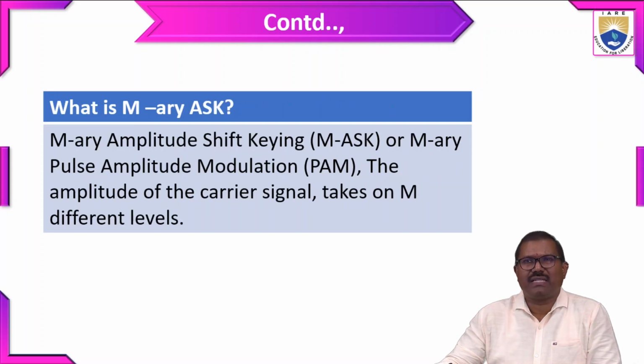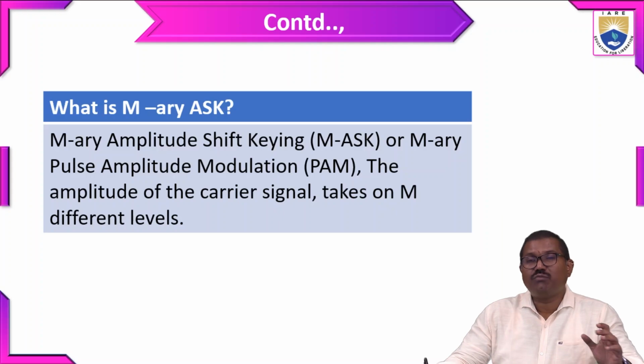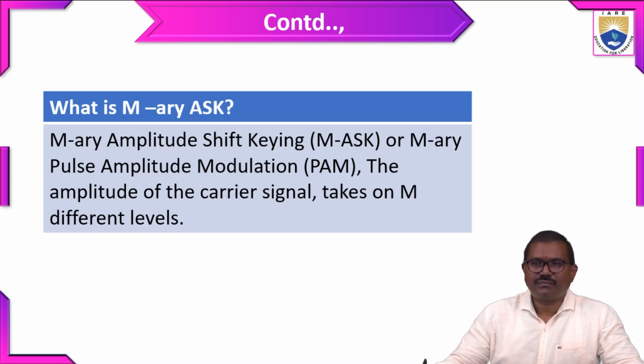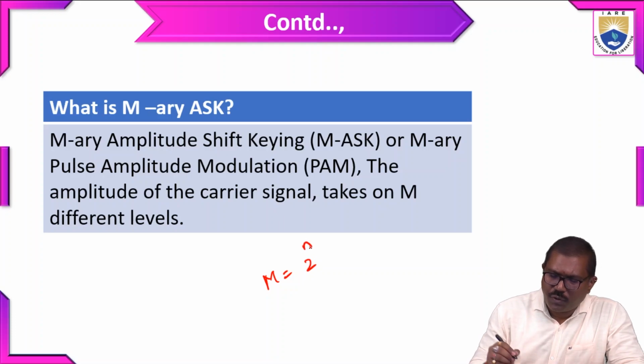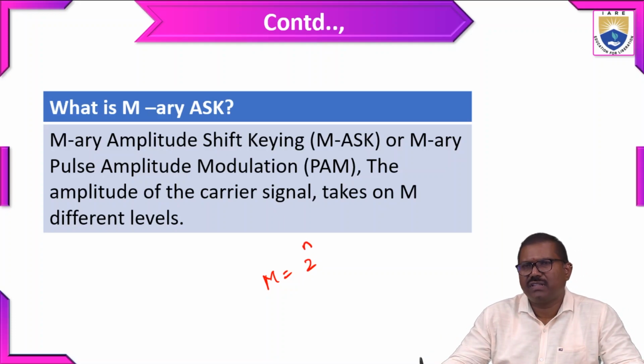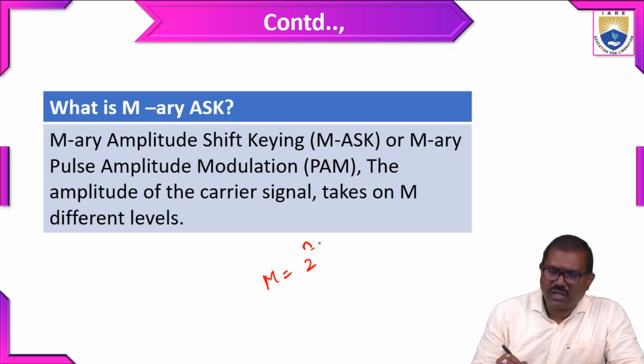What is M-ary ASK? In M-ary ASK or M-ary PAM, the amplitude of the carrier takes on M different levels. Here M is equal to 2 power N, where N is the number of bits.